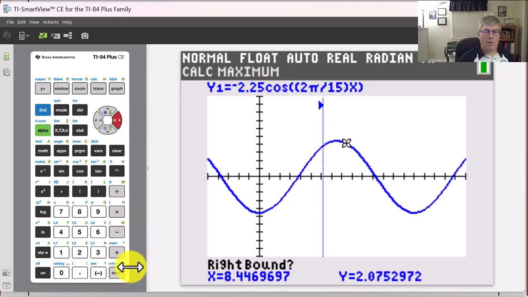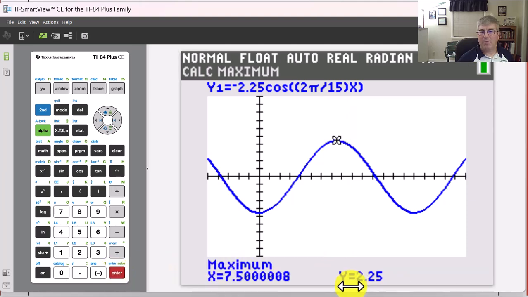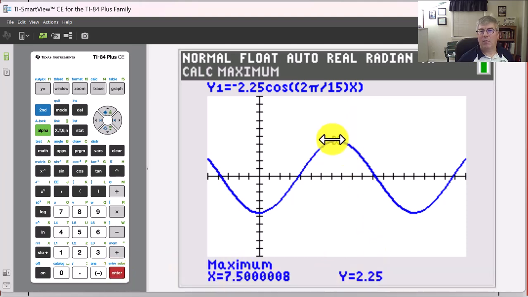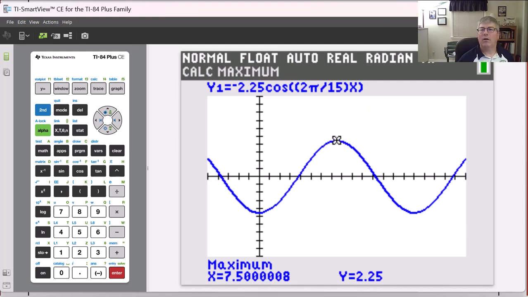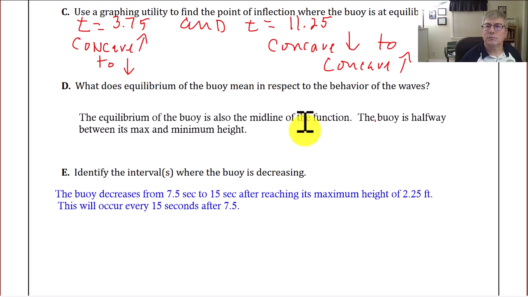But we know, based on our characteristics of a cosine function, that that is going to happen at 7.5 seconds, and our y value, our maximum height, is 2.25. So as we saw in our calculator, the buoy decreases in height from 7.5 seconds to 15 seconds after reaching its maximum height of 2.25 feet.